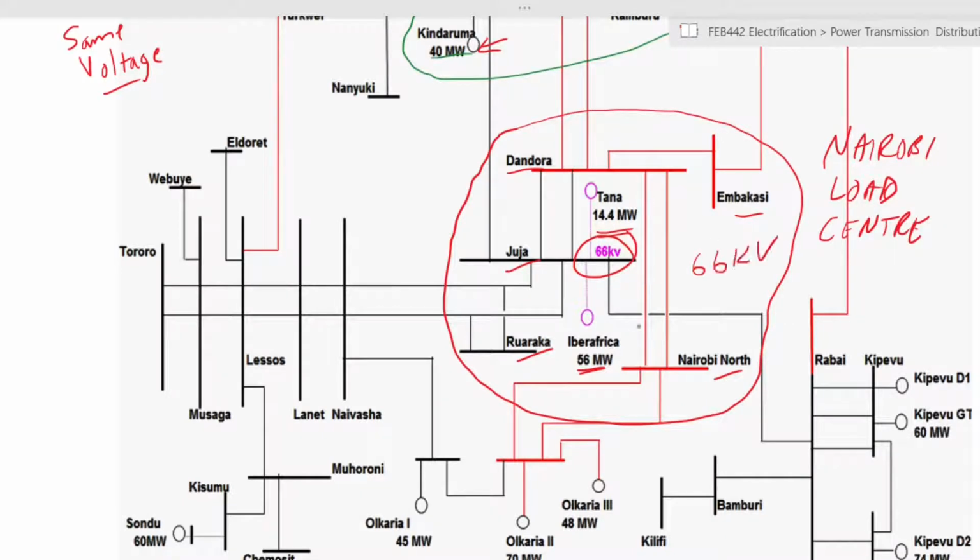It's not very visible from here, but there is a ring that connects all these stations together, a ring of 66 kilovolt lines, so that the power can freely circulate around that ring. And then you have smaller substations inside the area, which have not been indicated in the map.